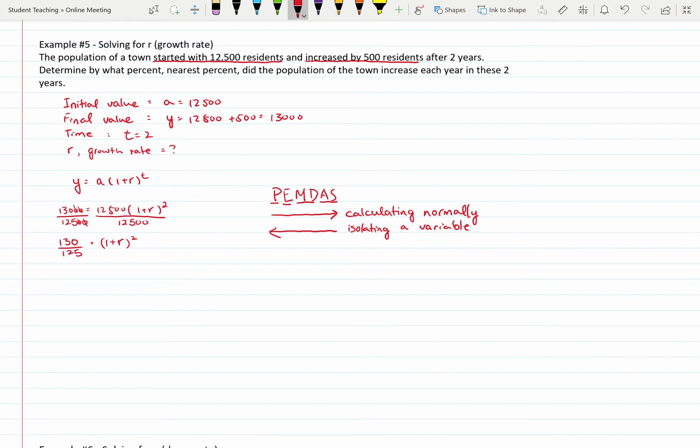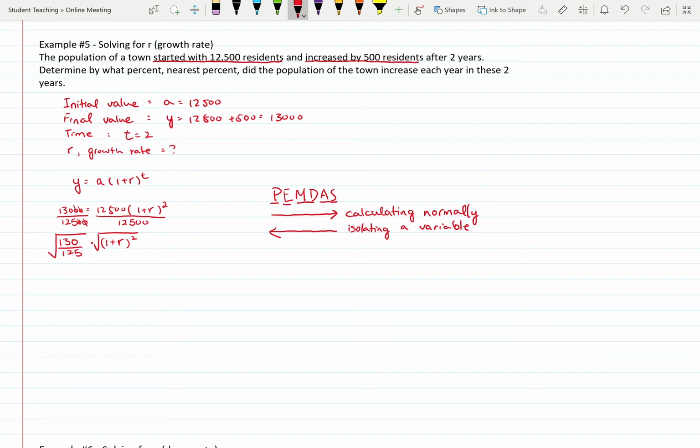Now we have an exponent, all right? The next thing we need to work with is the exponent. The opposite operation of the exponent is the radical. In this case, it is a square root because you're squaring it, so we need to use a square root. Taking the square root on both sides of the equation.